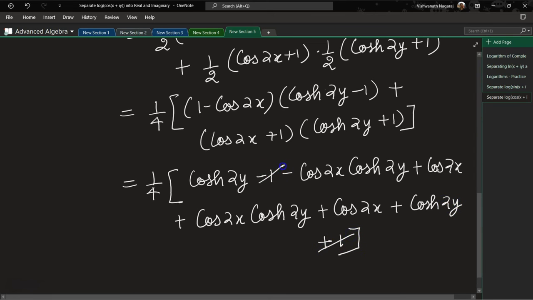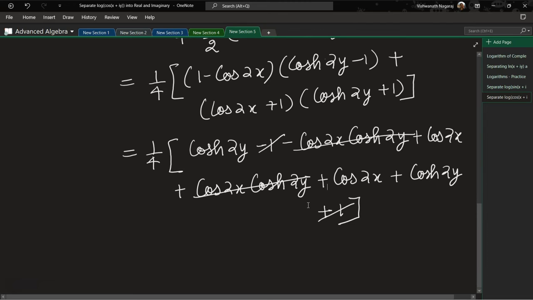Now plus 1 and minus 1 cancel out. Minus cos 2x hyperbolic cos 2y and plus cos 2x hyperbolic cos 2y, they both get cancelled. So we are left with 1 by 4.